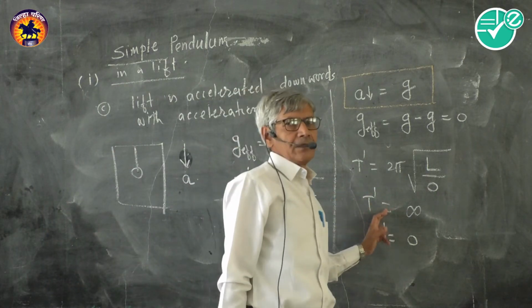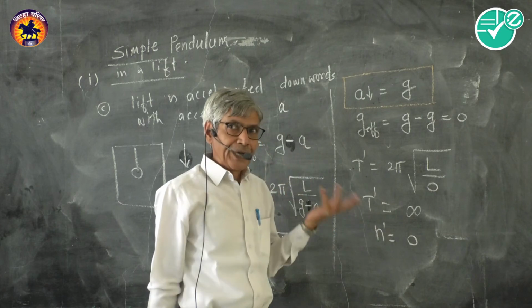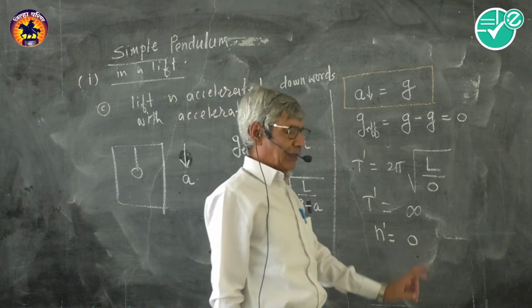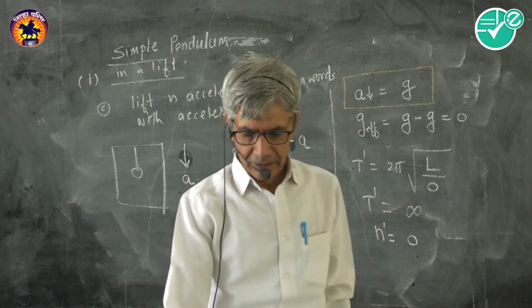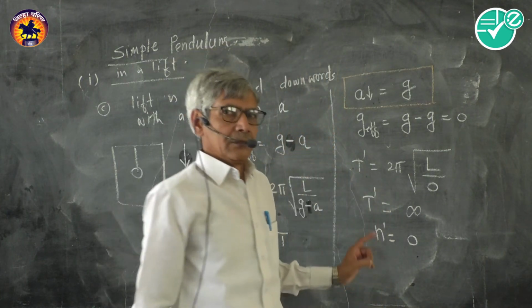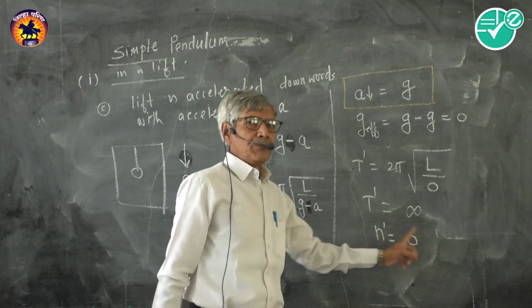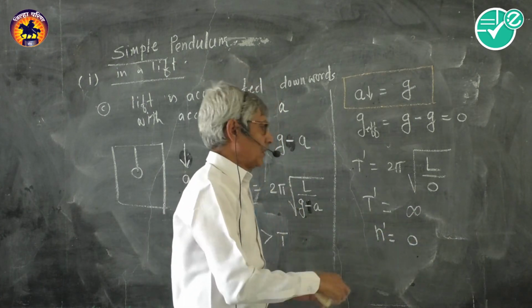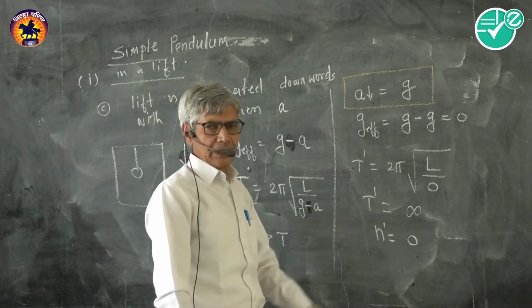That is, it will take infinite time to complete one oscillation, and the frequency of oscillation will be 0. In other words, the simple pendulum will not oscillate, or it will oscillate with a period of infinite time.